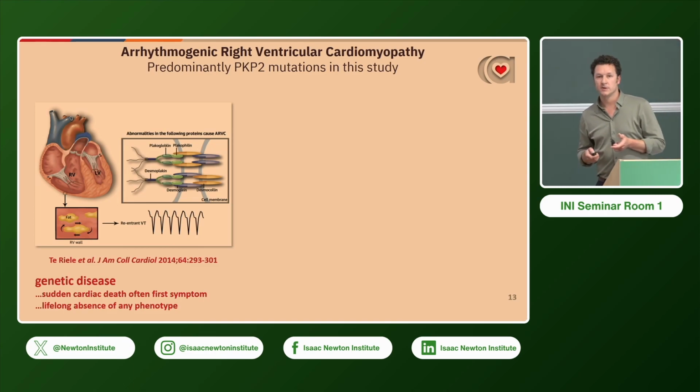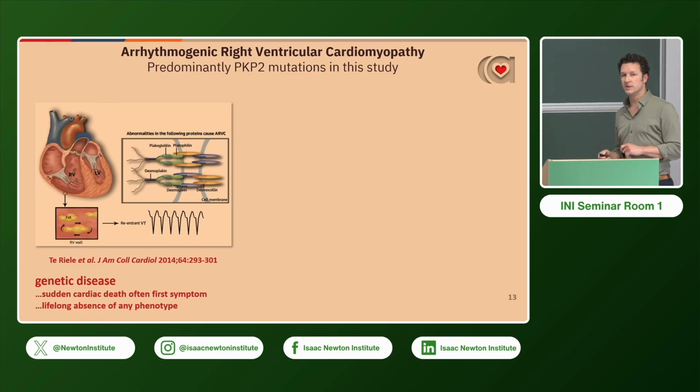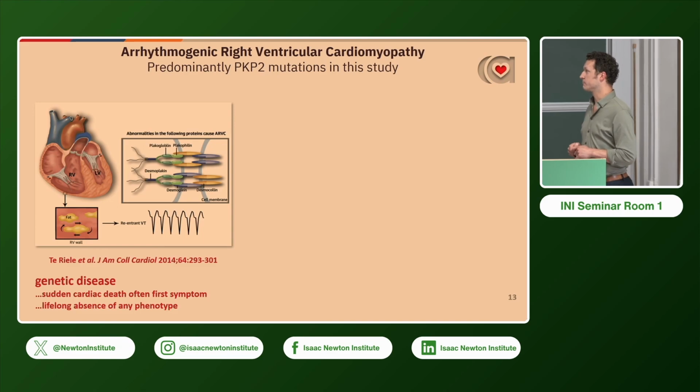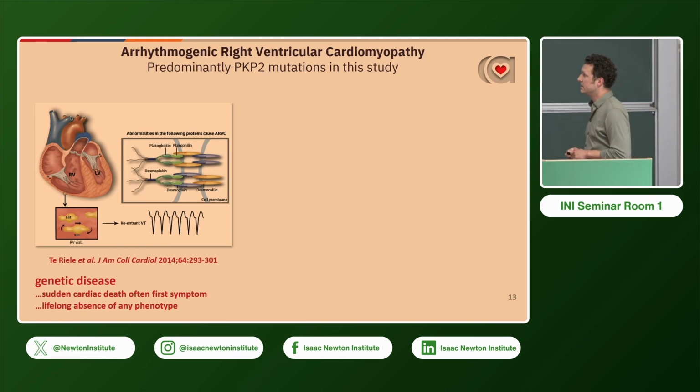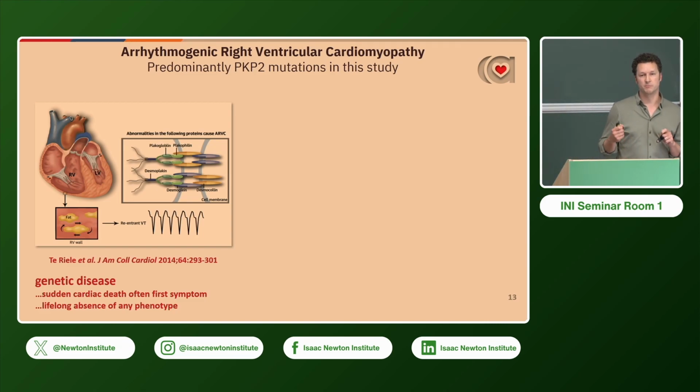Another application is more for monitoring of patients, or phenotyping longitudinally, and this is about a very awful disease. It's called arrhythmogenic right ventricular cardiomyopathy, and I say purposely right ventricular because this is mostly about the PKP2 genetic variant, which is really affecting the RV mostly.